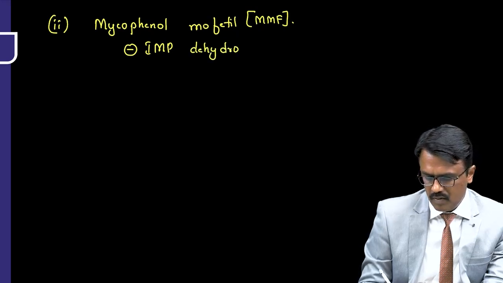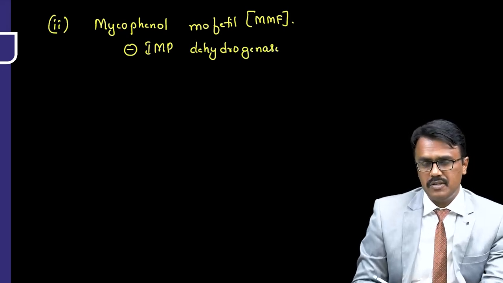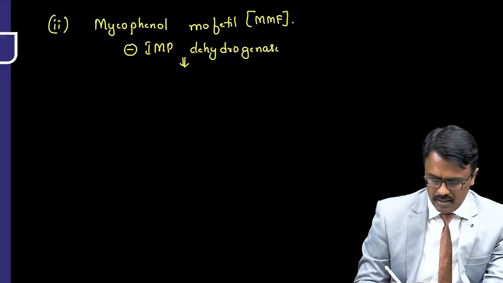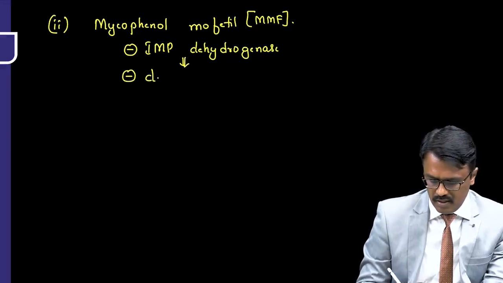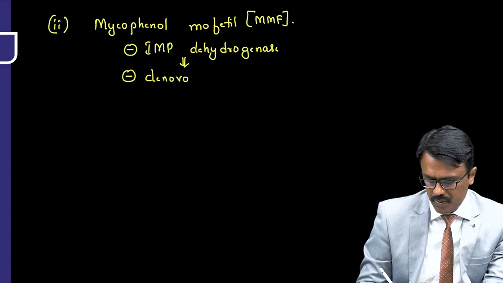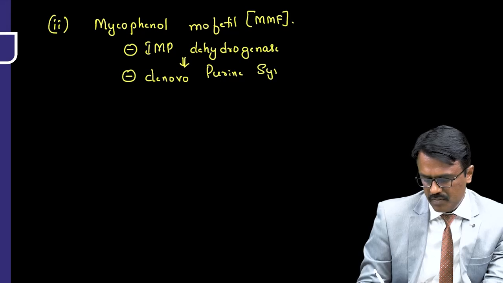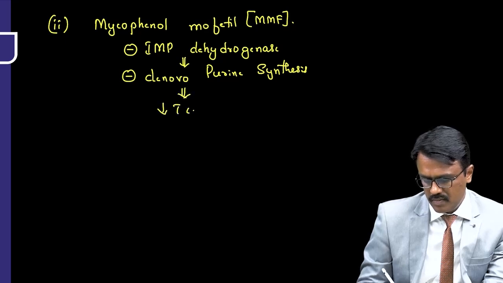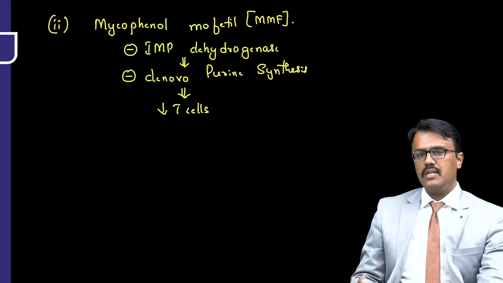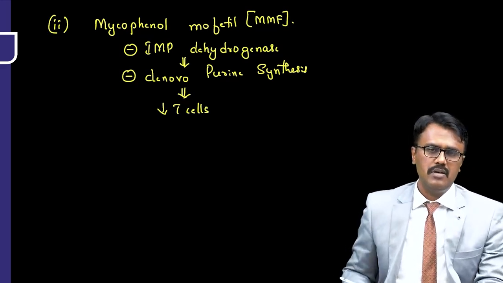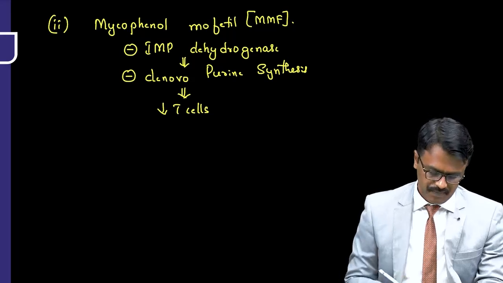What is IMP? Inosine monophosphate dehydrogenase. If you inhibit that, it inhibits de novo purine synthesis. If purines are not synthesized, there is a decrease in T cell proliferation. And obviously, when the T cells are not proliferated, the immune response will be suppressed.